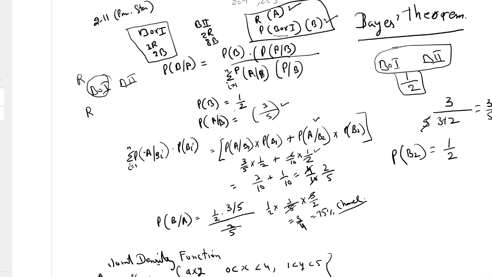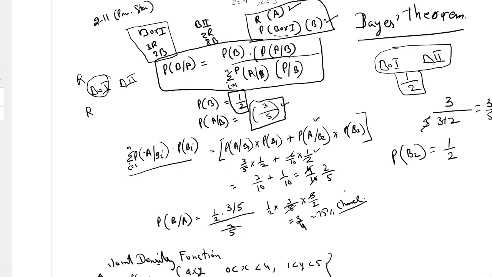So now we have the value of probability of B and probability of A given B, and we are writing down here, just putting into the equation: 1 over 2 multiplied by 3 over 5, divided by 2 over 5. 2 over 5 is the denominator that we just calculated from this equation.